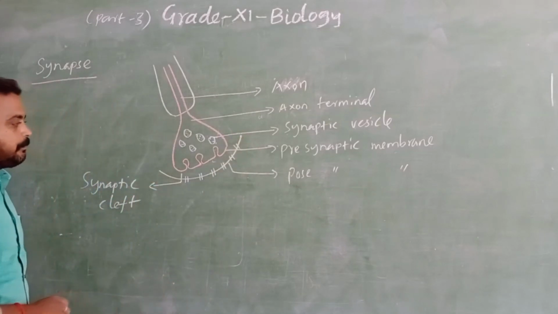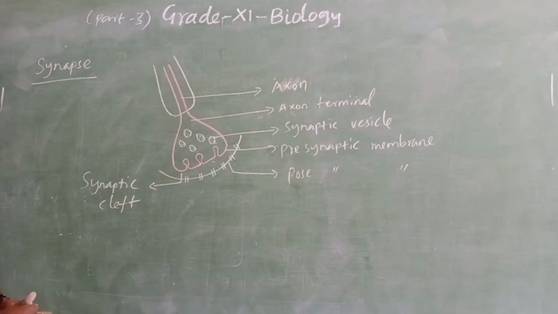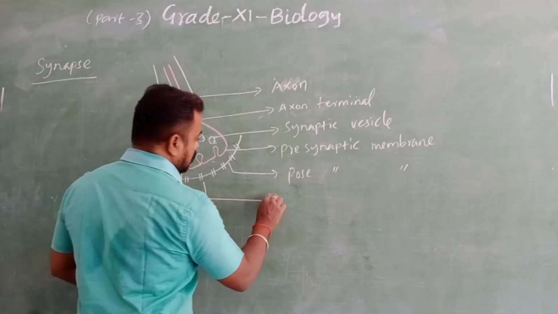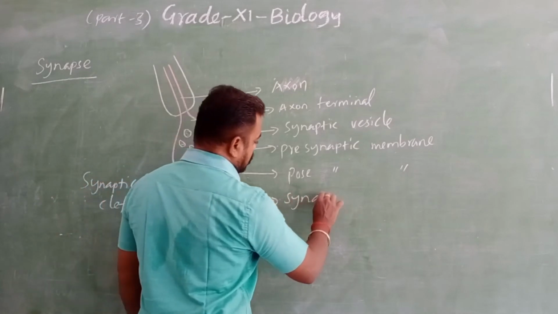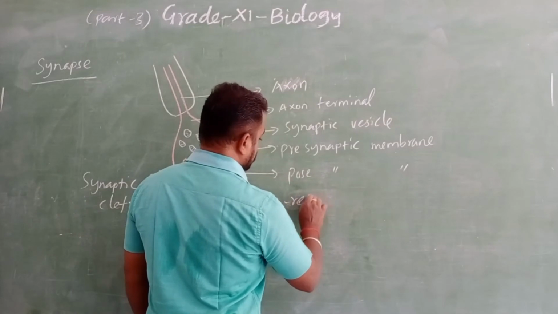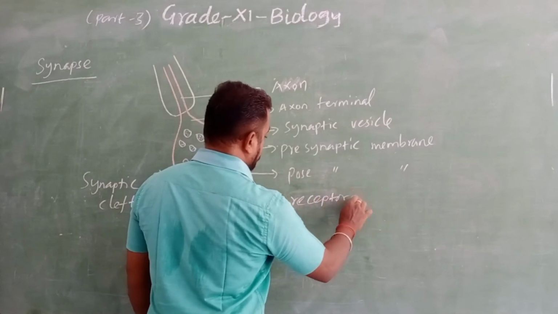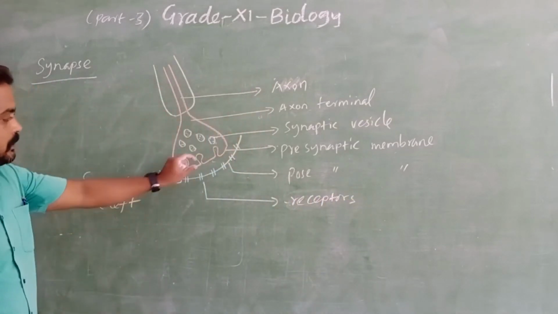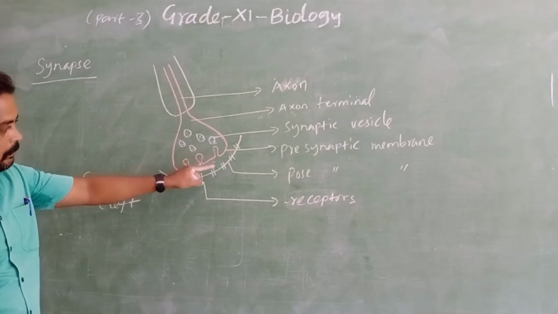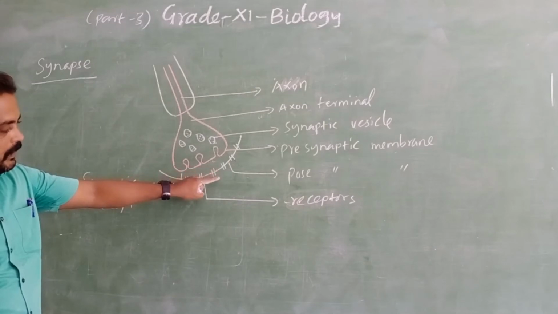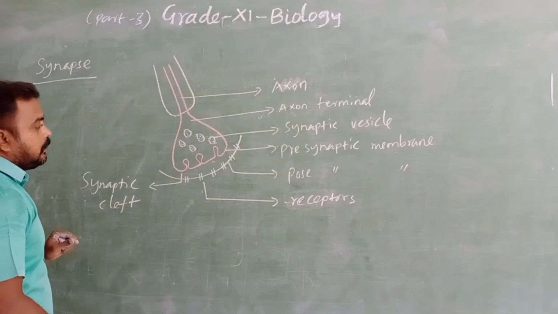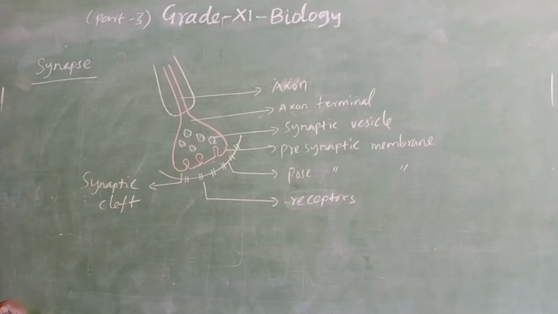These are the parts of the synapse: the presynaptic membrane, the postsynaptic membrane, and the receptors. After that we have dendrites. Okay, right. What happens here?